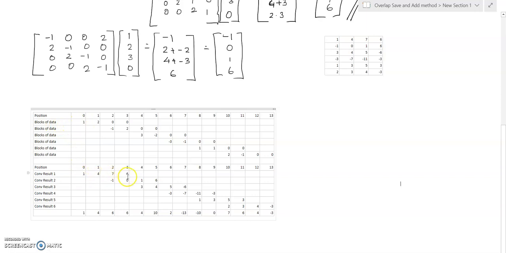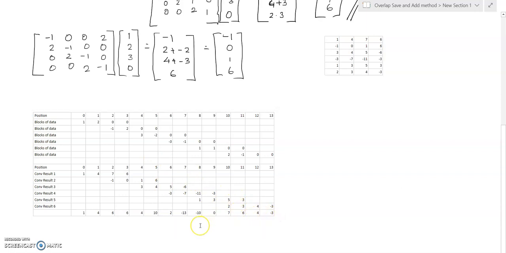The result of the circular convolution of the second sequence should begin from the position where it was created. So the position is 2 and it is written at 2, -1, 0, 1, 6. Similarly, you can see how these sequences are written: 3, 4, 5, -6, -3, 7, -7, -11, -3, 1, 3, 5, 3, and 2, 3, 4, -3.